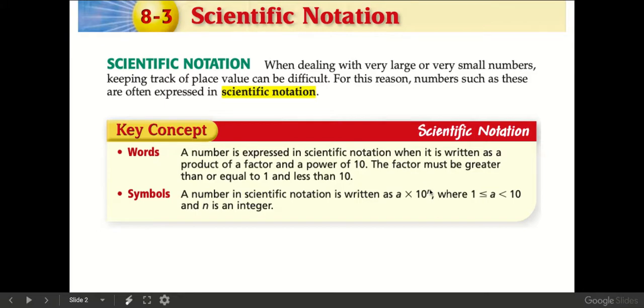N is an integer, so any positive or negative whole number. That is how we would write scientific notation: a factor times some power of 10. And again, the factor needs to be a number greater than or equal to 1 and less than 10.